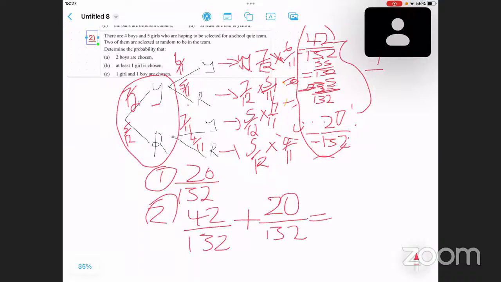Okay, and then you're going to get your answer. Do you guys get it? Yes, ma'am. Do you see how easy it is when you have a tree diagram, even though they didn't tell you anything about it? You see how nice it is to answer these questions when you have your tree diagram.